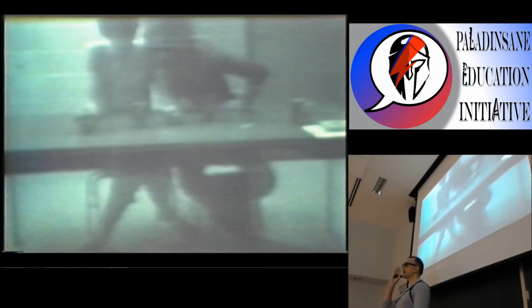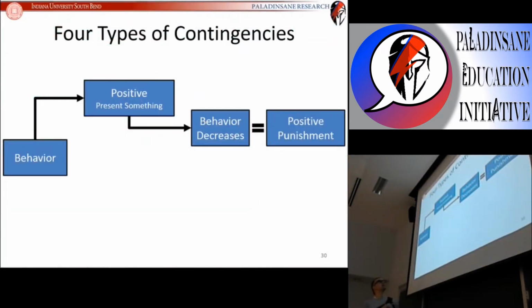So Harry did that close-talking intimidation, and when Harry did that, Dr. Fox presented his face super close to Harry. That caused Harry's behavior to decrease. So that positive presentation of Dr. Fox's face as a result of the intimidation caused the intimidation to decrease, and that's an example of positive punishment.